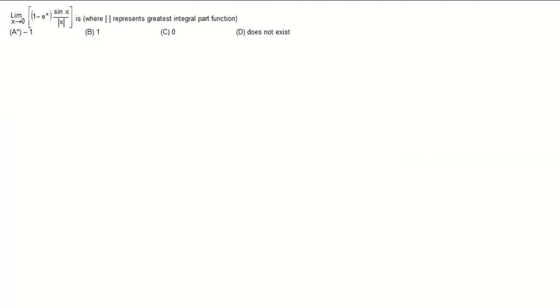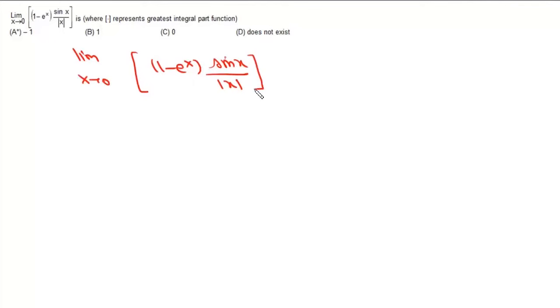Now the question is, we need to solve this limit, x tends to 0 greatest integer function of (1 minus e to the power x) sin x upon mod x.